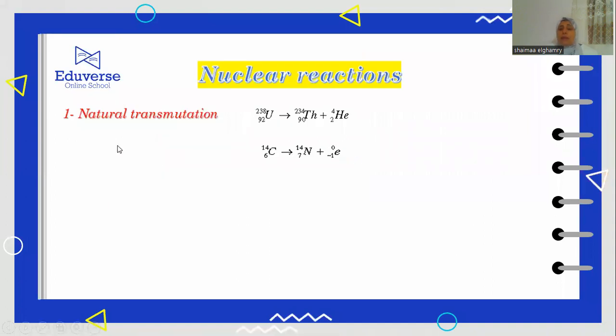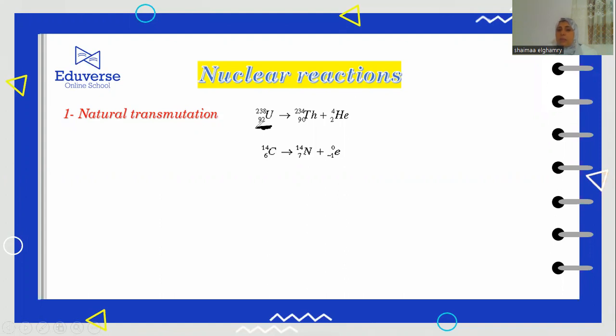The nuclear reaction: we have nuclear transmutation, natural transmutation. Natural transmutation is for an unstable element, which decays by itself to reach stability.